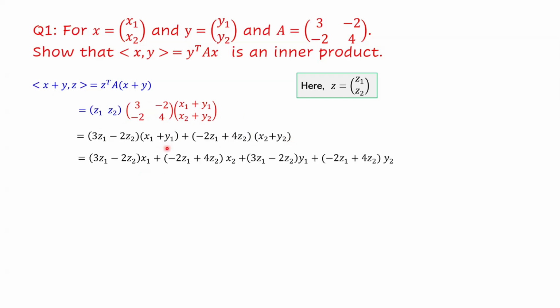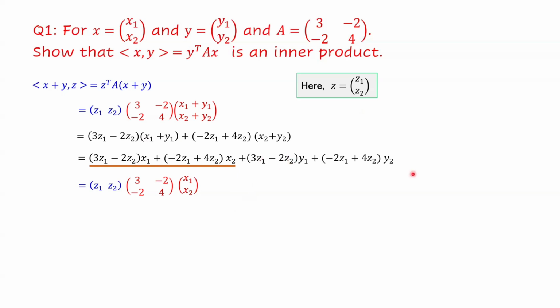We further open up and collect the x1 and x2 terms. So we'll have (3z1 minus 2z2) x1 plus (minus 2z1 plus 4z2) x2, and similarly we collect the y1 and y2 terms. Then we combine this x1, x2 part, and this is equivalent to z1, z2 times the matrix 3, minus 2, minus 2, 4, and then the column x1, x2.